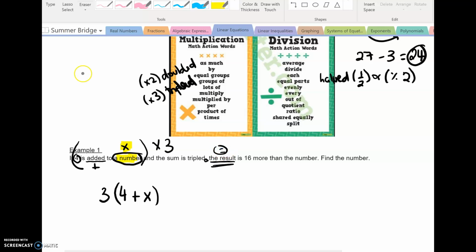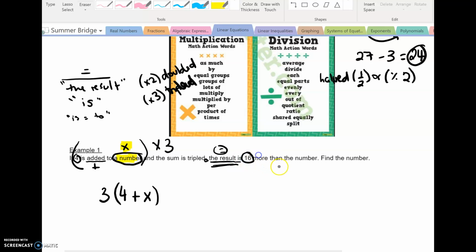Some other words that mean equals are "the result," the word "is," like 4 is x, that means 4 is equal to x, "is equal to." That's a basic one, but the result means equals.